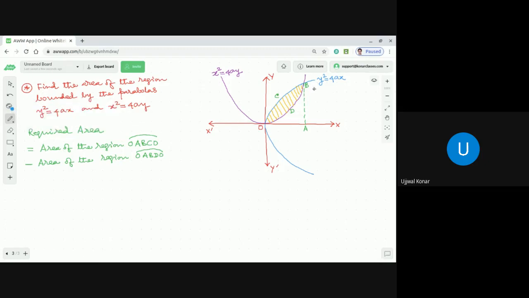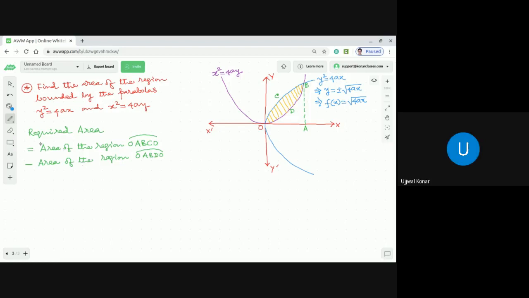Are you getting my point? What is y here? Here y is equal to plus minus square root of 4ax. The plus part is above the x-axis, and the minus part is below the x-axis. As we are concentrating above the axis, we can assume that the function f(x) is equal to square root of 4ax. Correct or not?